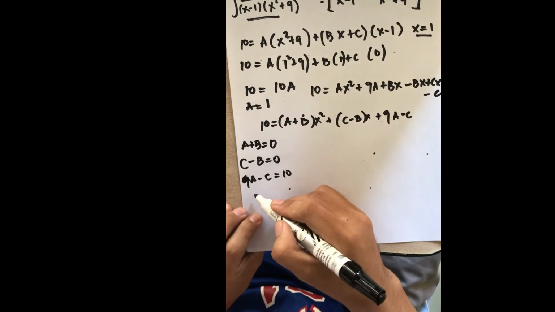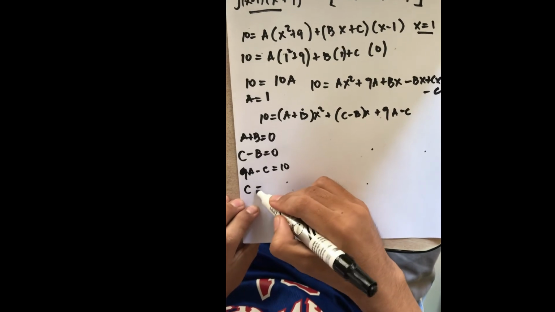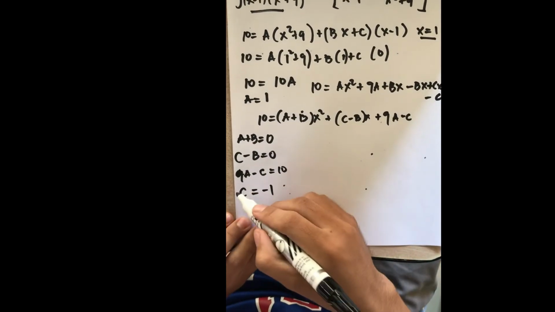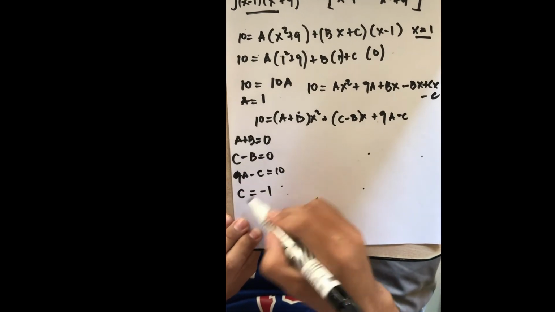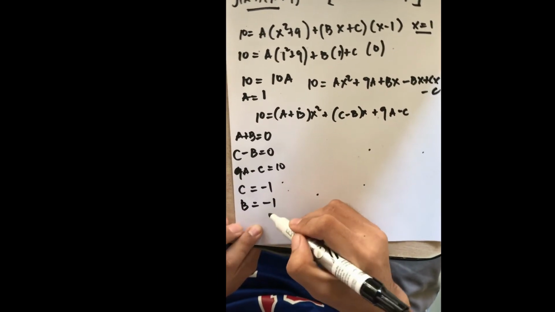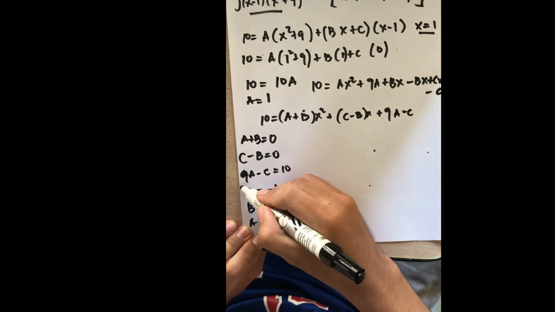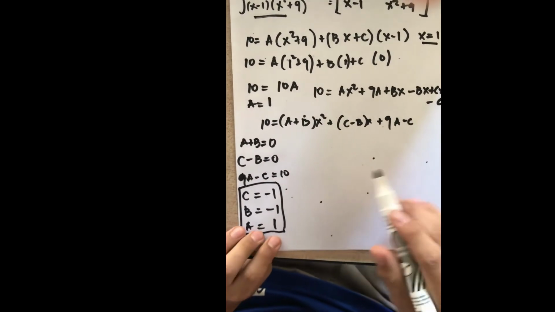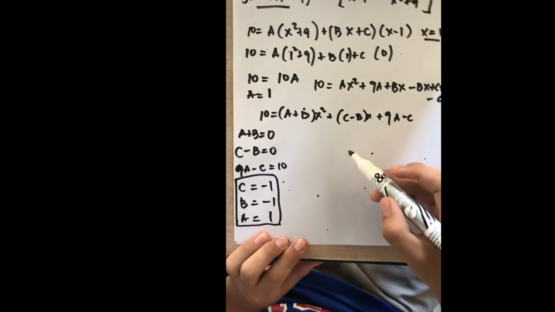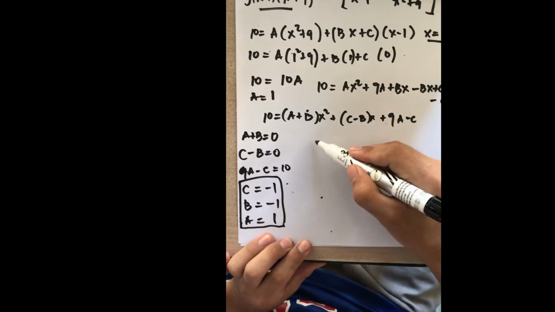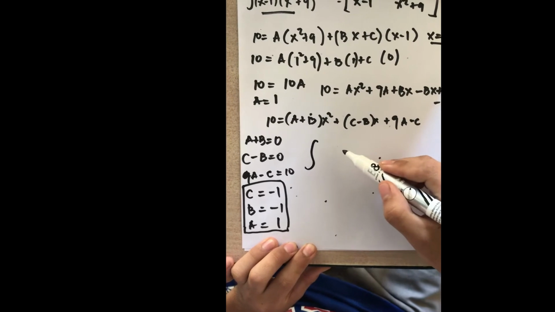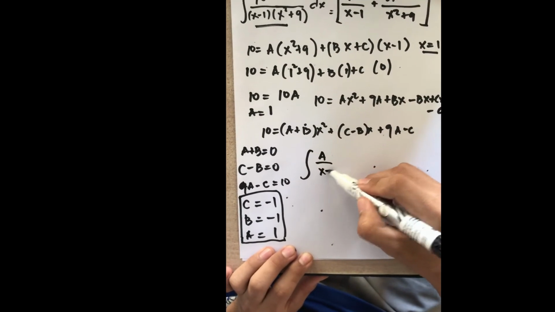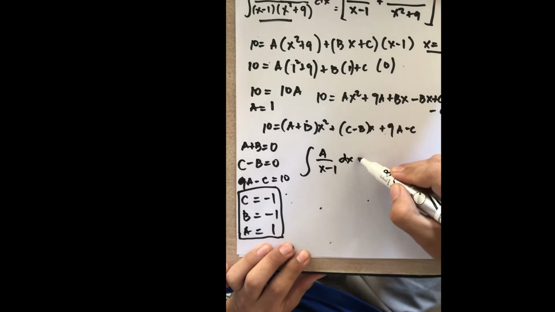As we all know that a is equal to 1, let us solve for c. So 9 times 1 minus c is equal to 10. Therefore, c is equal to negative 1. Since c is equal to negative 1, then b is equal to negative 1, and we know that a is equal to 1.